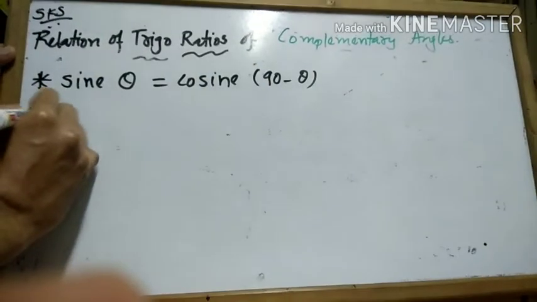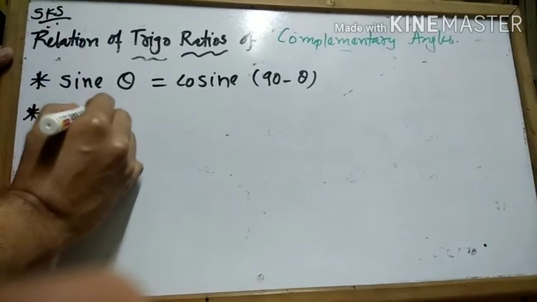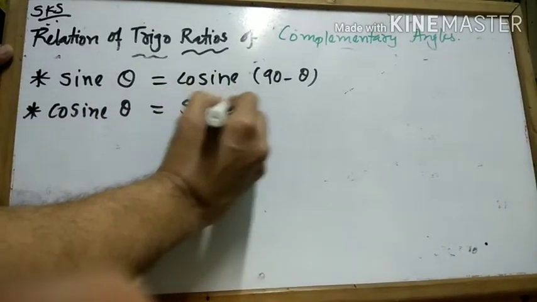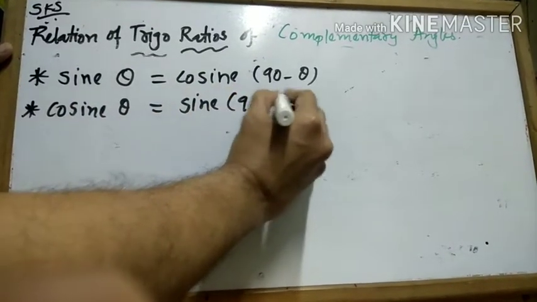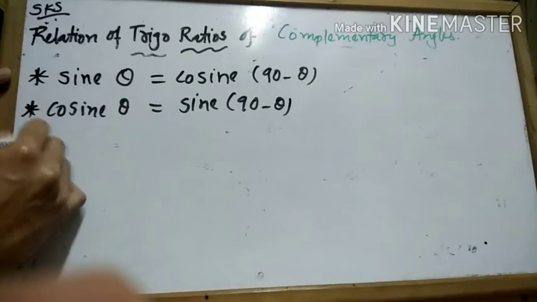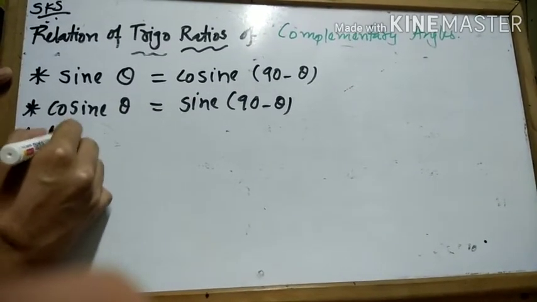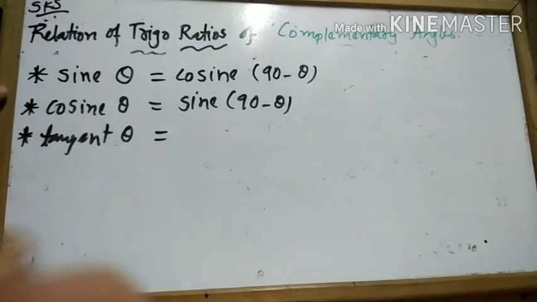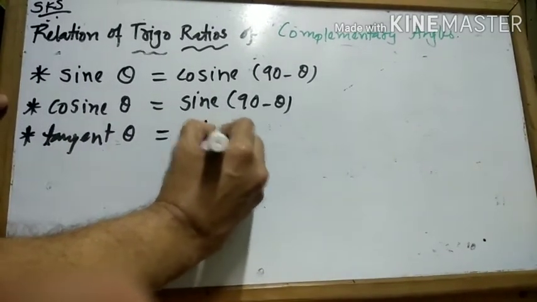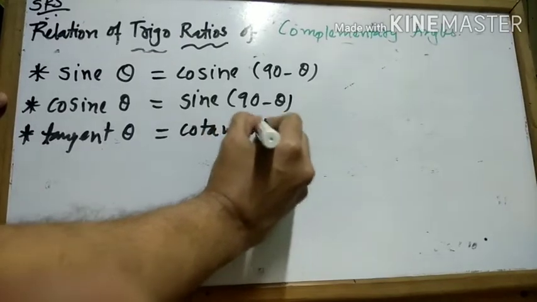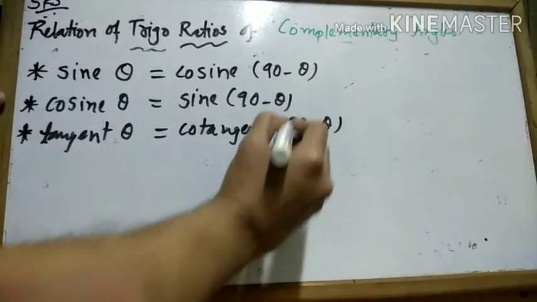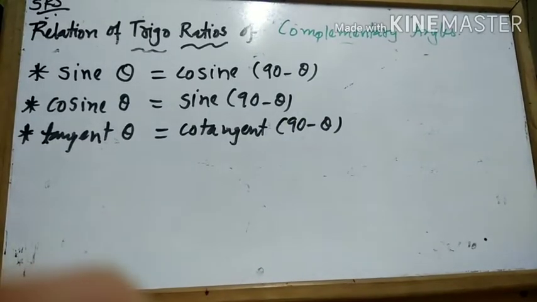We learned the second relation: cosine theta is equal to sin 90 minus theta. We learned tangent theta is equal to cotangent 90 minus theta.